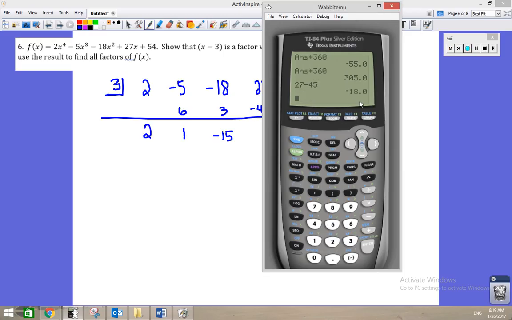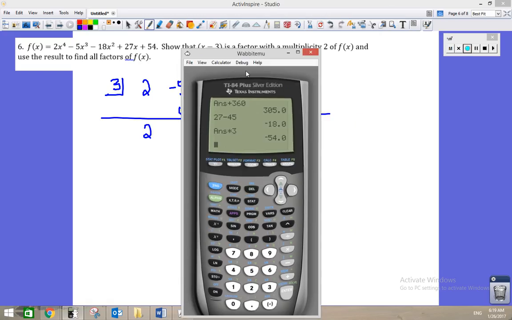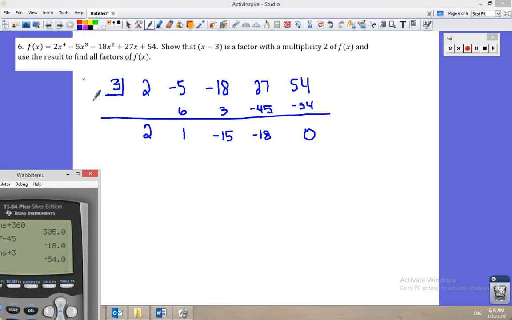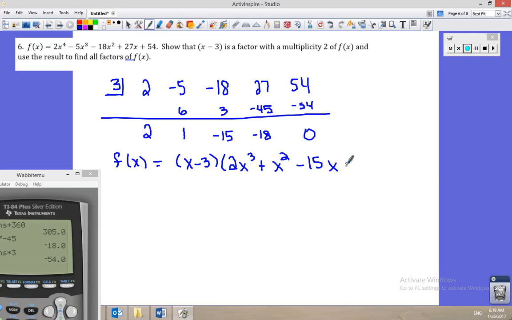I don't want to make a silly mistake. So I've got negative 18 and negative 54. So I know then that I could write this as x minus 3, 2x cubed plus x squared minus 15x minus 18.